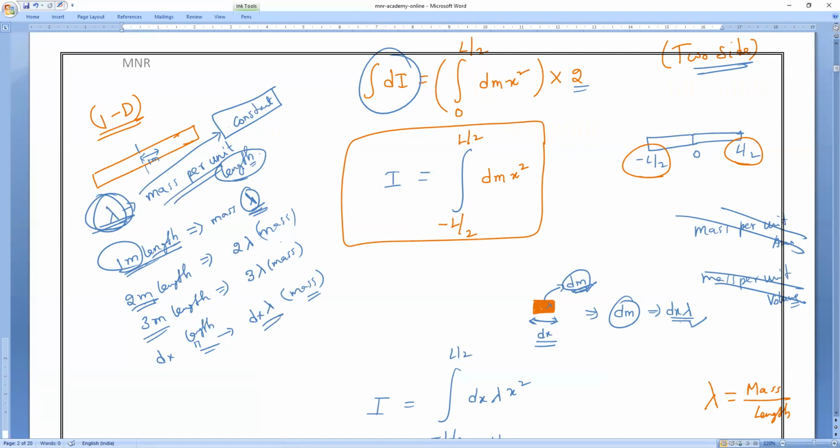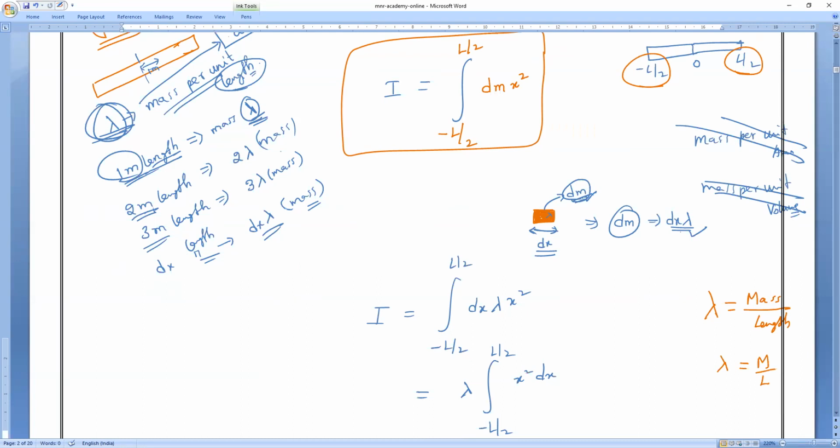Yes, sir. See here, we have written the mass of the dx particle. What is the mass of the dx particle, everybody? Mass of the dx particle is dx into lambda.